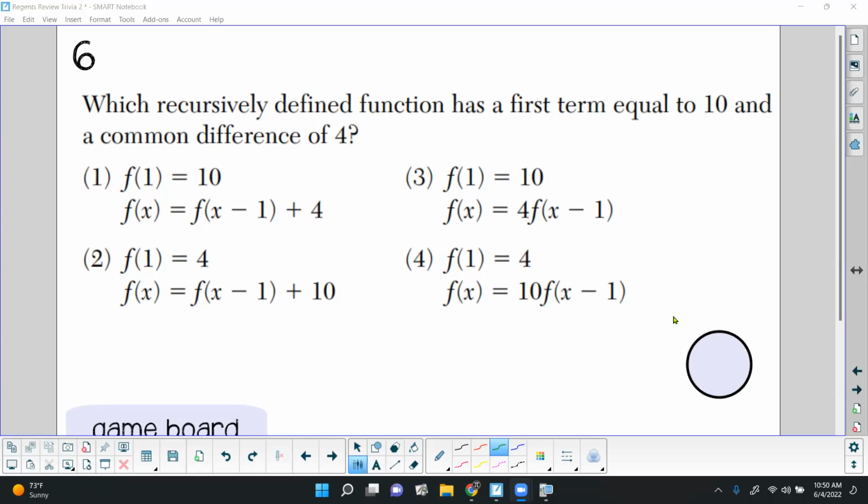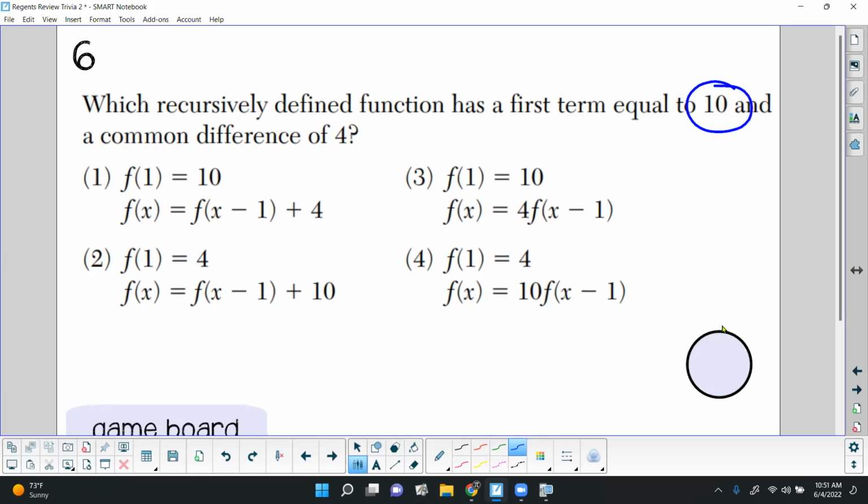Here's a reminder for you. A recursive function requires you to find the answers in a row. So like if I want to know the 10th number in the sequence, I have to know the 9th and the 8th and the 7th and the 6th and the 5th and the 4th and the 3rd. So what we're looking for is a first term that's equal to 10.